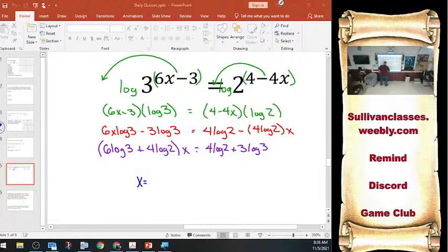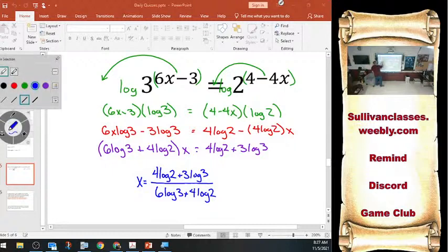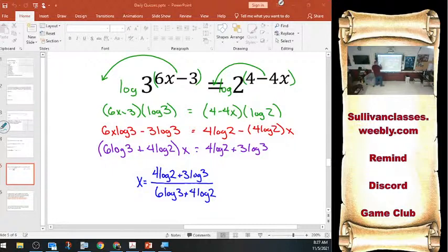The question is, how do we write our answer? Okay. You can leave it like that if you want. But if you also want to use the properties of logs to combine things, you can. So 4 comes up top, so that's log of 2 to the 4th, or 16. 3 comes up top, which is 9 times 2, wait, now it's 27.